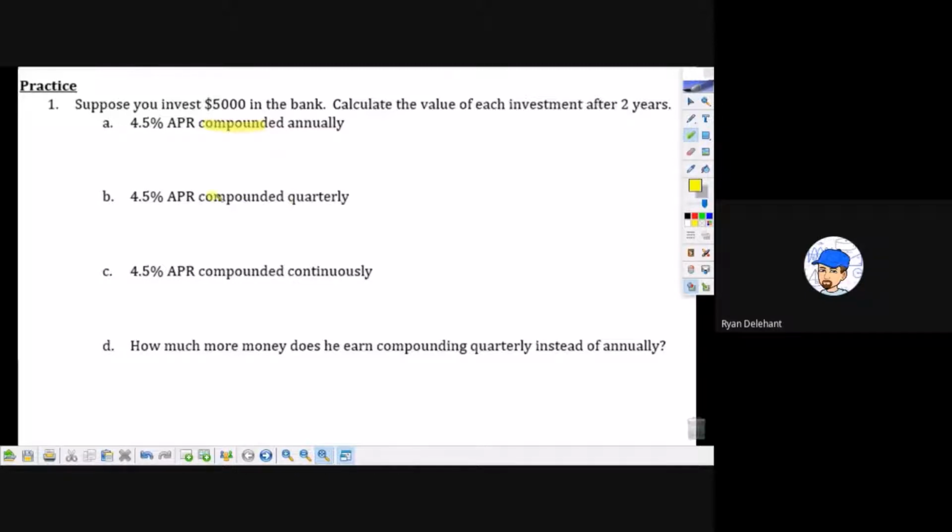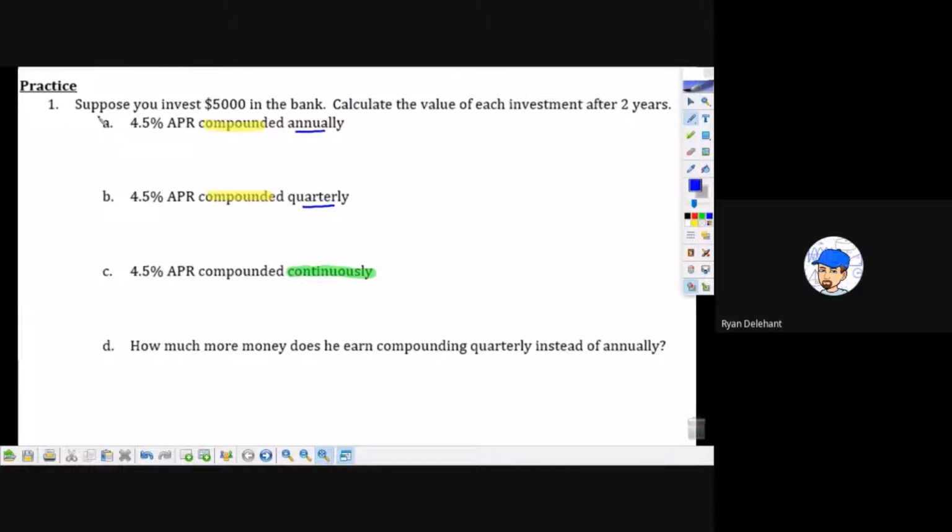You're looking for compounded, and then how it's compounded, annually and quarterly. If you see one of these with the LY words, that gives you this n value, and it allows you to break that percentage up. The one that's a little bit different is when you see the word continuously. Continuously tells us a different formula.